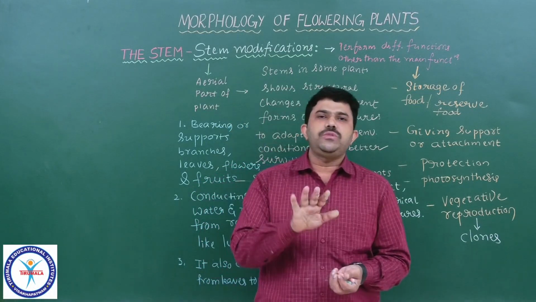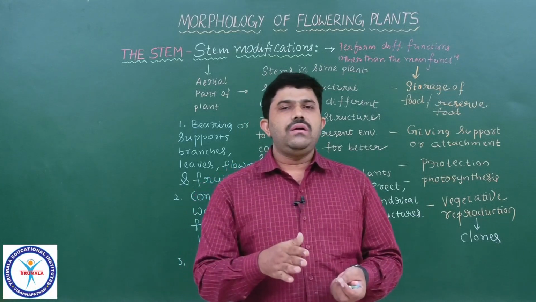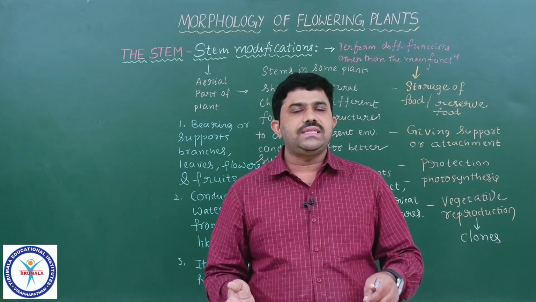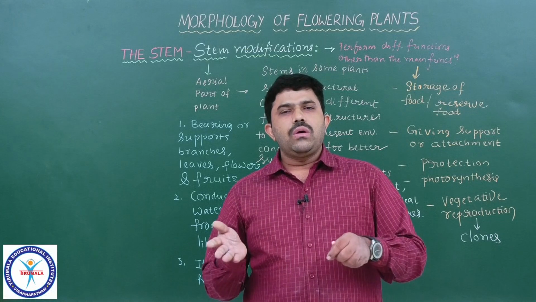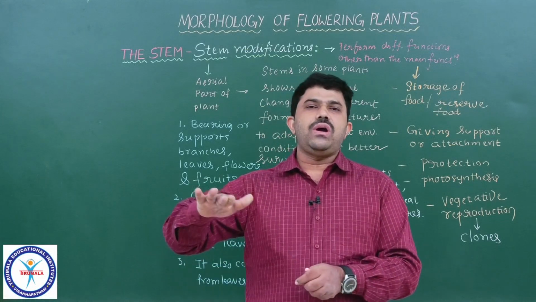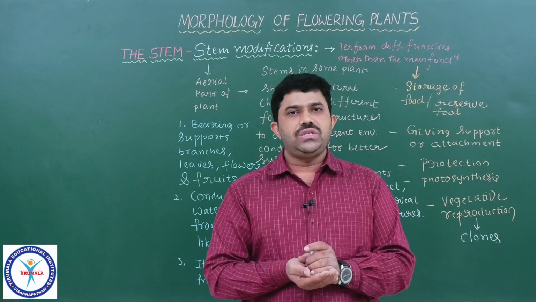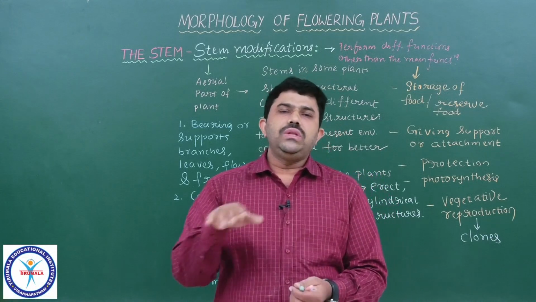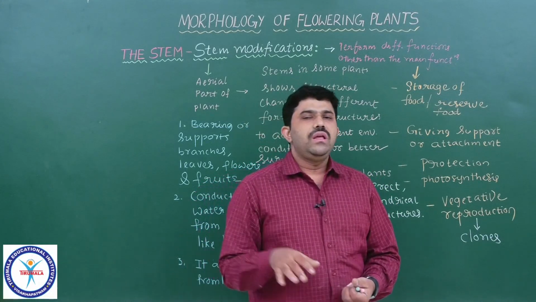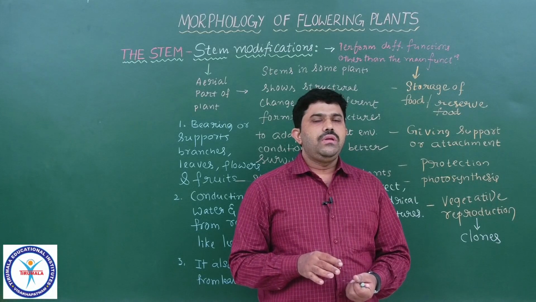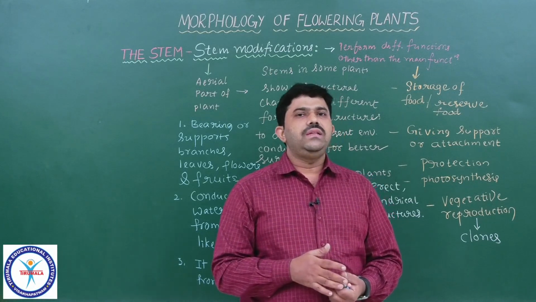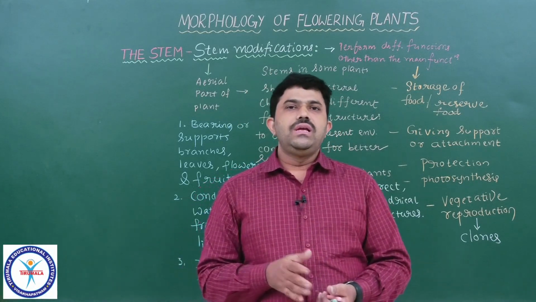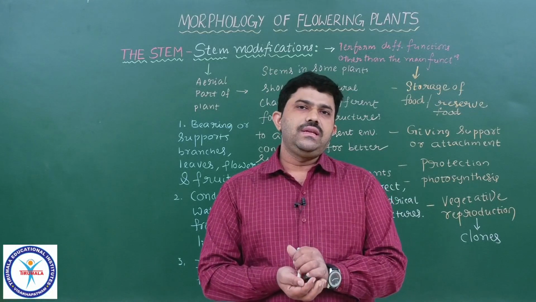Subaerial stem modifications means the stem or parts of the stem, like branches, come in contact with the soil as well as with the open environment. In between these two, these branches or stem parts show some modifications. That's why they are called subaerial stem modifications.